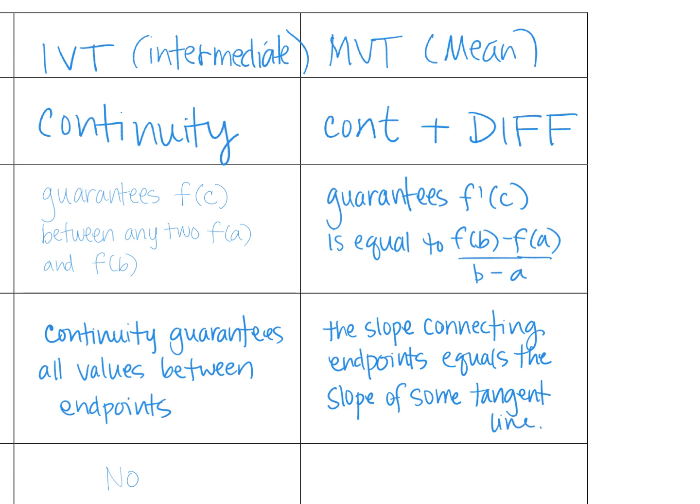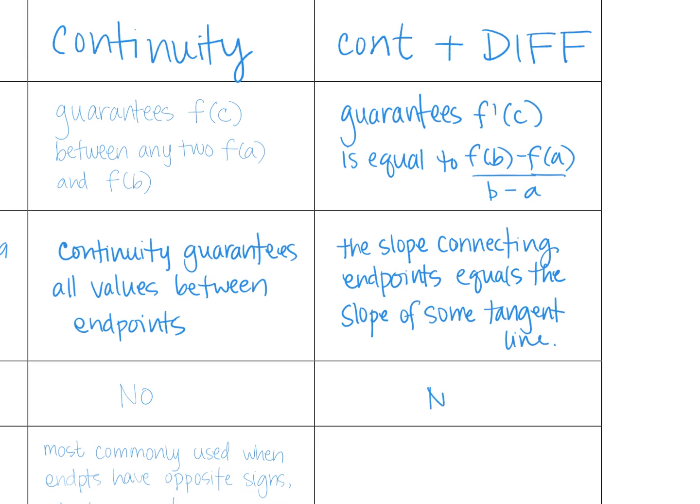So if you connected dot to dot from endpoint A to endpoint B, that line would be parallel to the tangent line somewhere else, at least one of them. It might be multiple, but there would be at least one. Again, we don't check endpoints here, so that's a no.